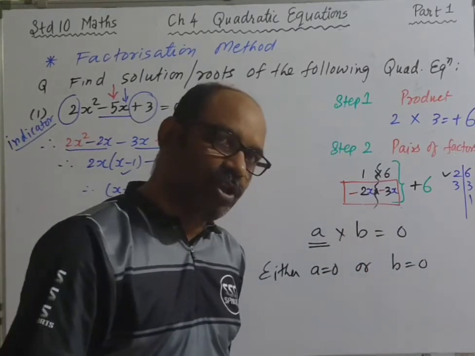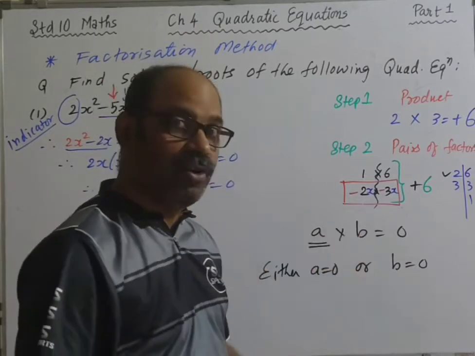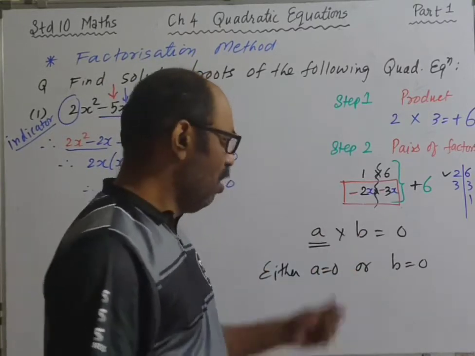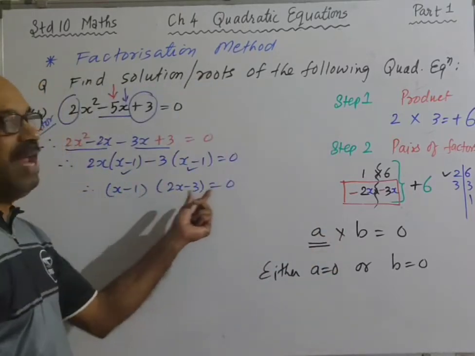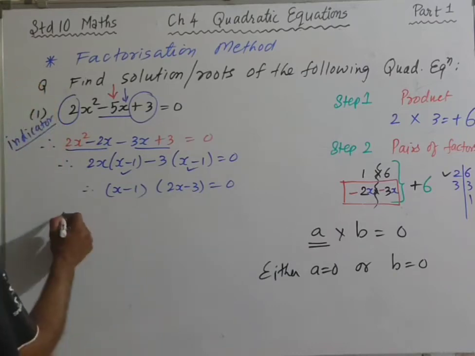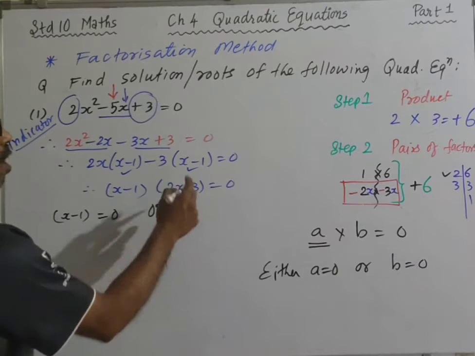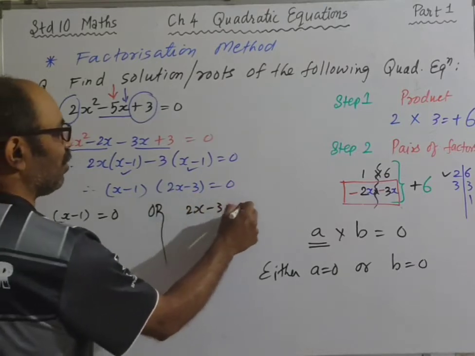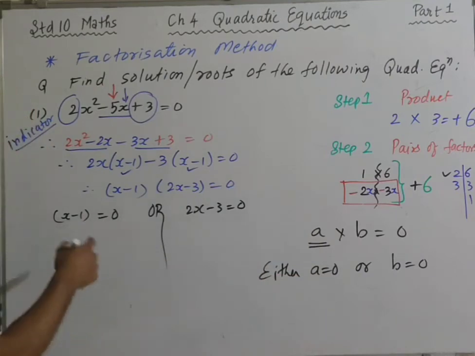One of the two must be 0, correct, or if both are 0 then also 0 into 0 is 0, but one of them has to be 0. So here bracket into bracket equal to 0. So what you have, first bracket equal to 0 or second bracket equal to 0 using the property of real numbers. Now this is a simple equation of 7th standard, a linear equation.